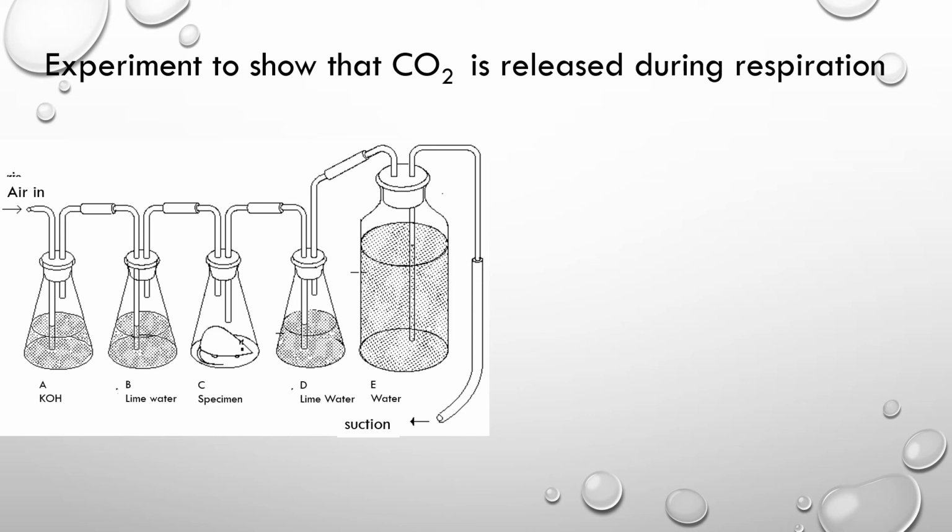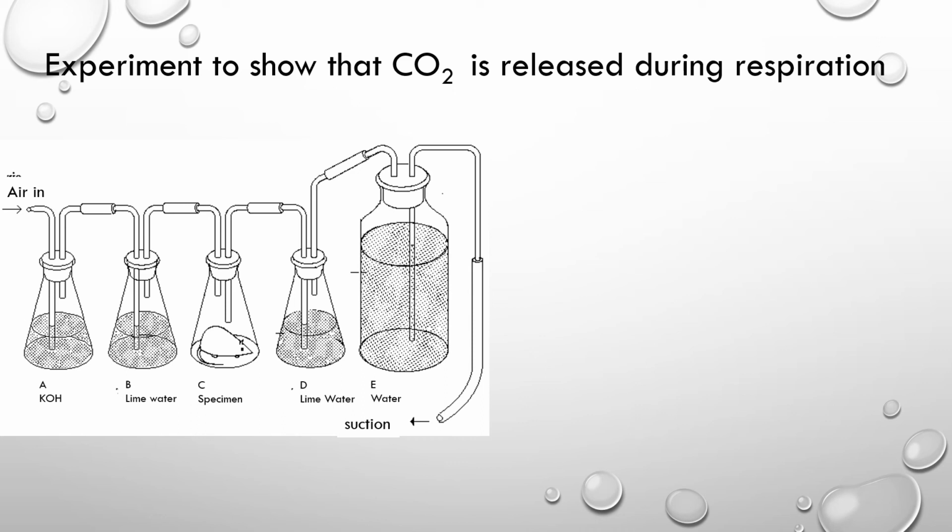Before starting the experiment, I will say what things are contained in each of these conical flasks. In this first setup, or setup A, it contains potassium hydroxide, and now you know the purpose of using potassium hydroxide. It is used to absorb carbon dioxide in air.